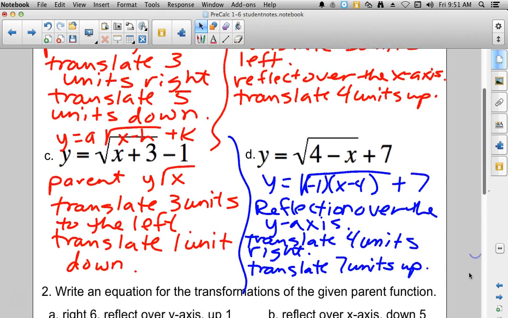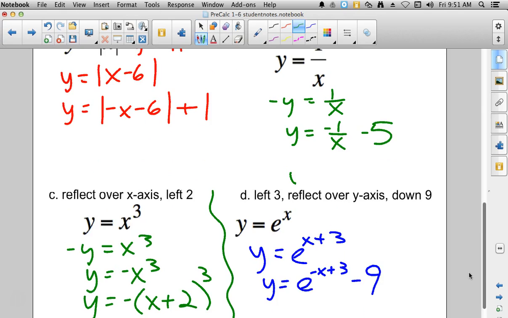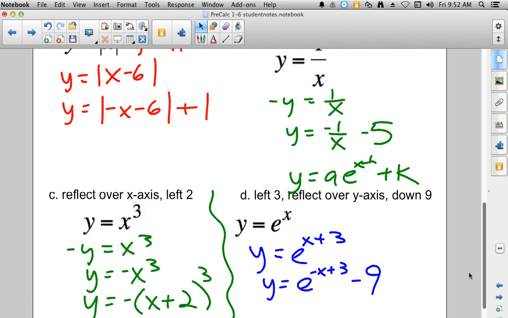That was in your book. Y equals a times e to the x minus h plus k. Yeah, a little awkward. But it does what we need to do. Horizontal staying with the x as you go through that.